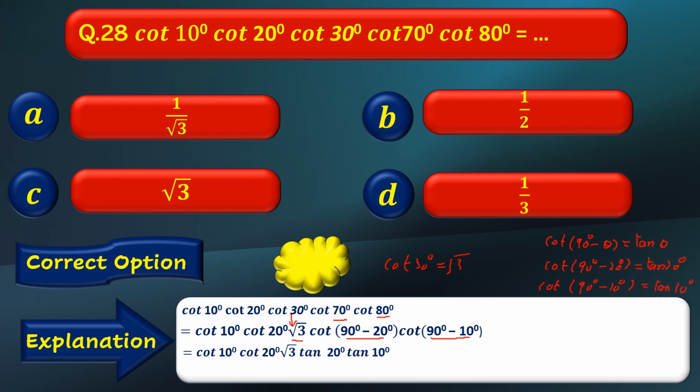Now, we know that tangent theta into cotangent theta is equal to 1. Therefore, tangent 20 degree into cotangent 20 degree is equal to 1, and tangent 10 degree into cotangent 10 degree is also equal to 1. Therefore, cotangent into tangent, their product will be equal to 1, and we are left with square root of 3. Therefore, correct option is option C.